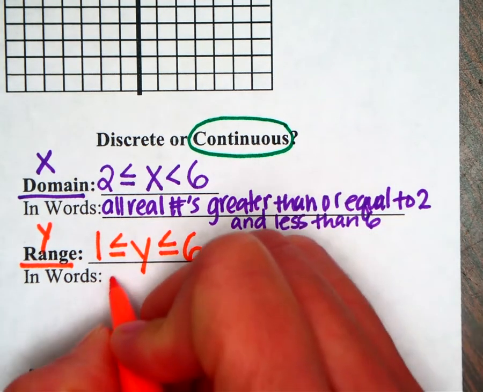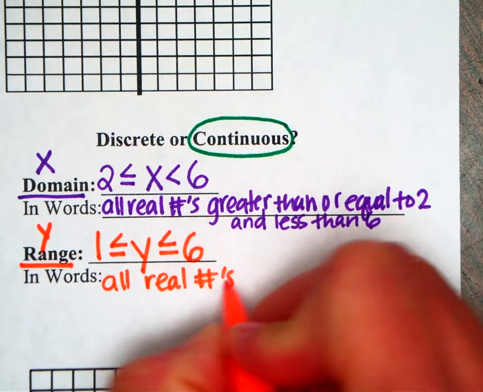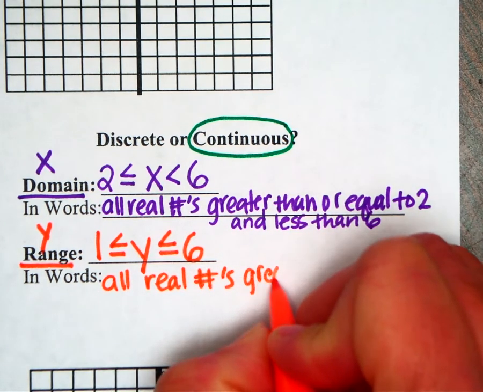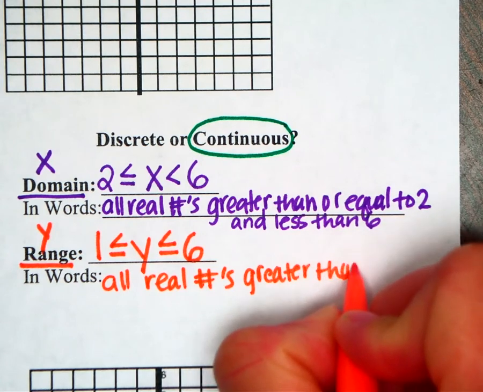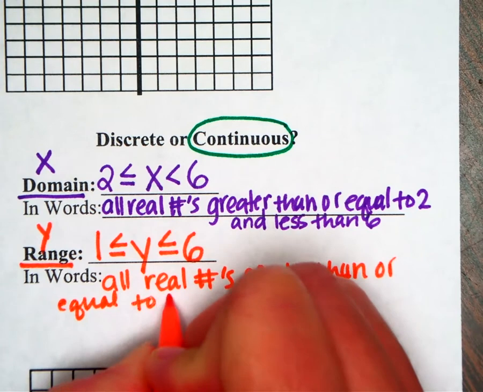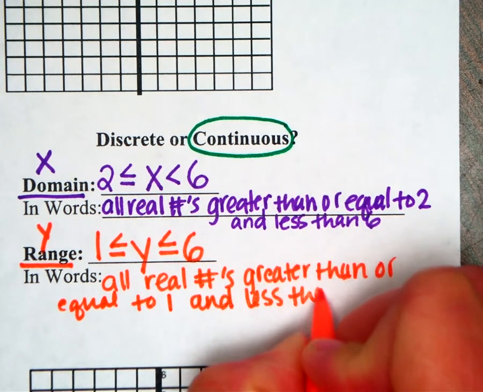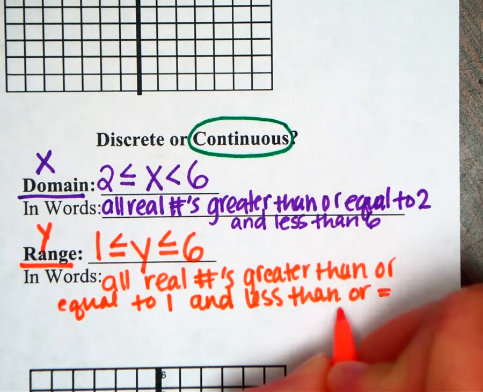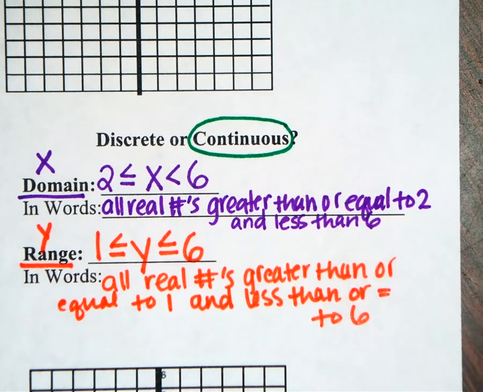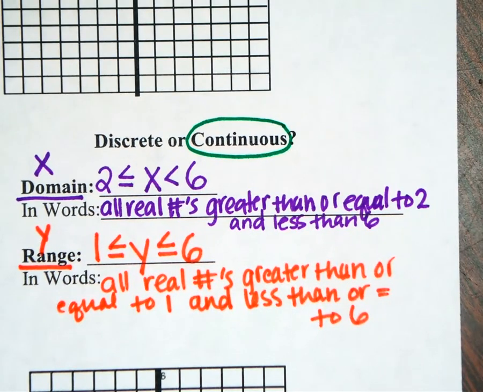And now to write this in words, it's going to be all real numbers, I'm going to abbreviate, greater than or equal to 1 and less than or equal to 6. And I just abbreviated so you can see that.